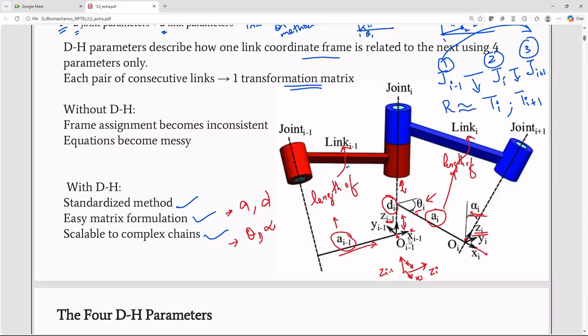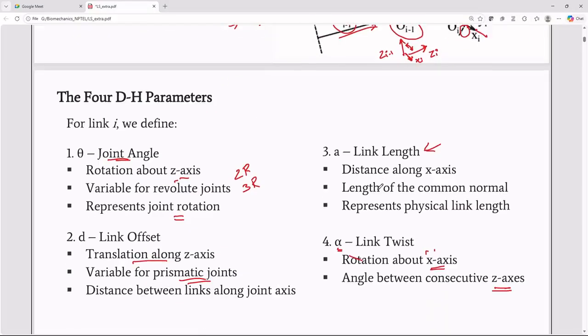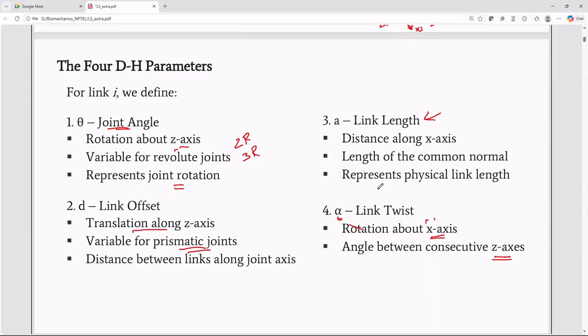You can see this origin is situated here and this origin is situated here, and the distance between O(i-1) and O(i) in the direction of Z is known as d(i). So these are the four DH parameters, where theta and alpha are the rotations, d and a are the lengths. a is the link length, theta is the joint angle, alpha is the link twist, d is the link offset.